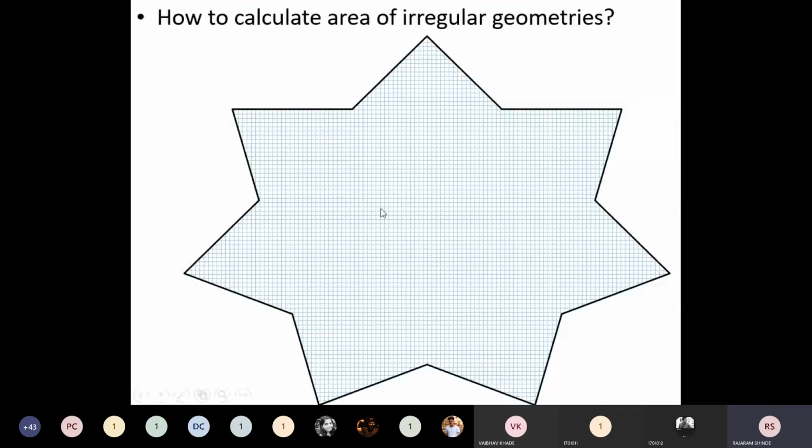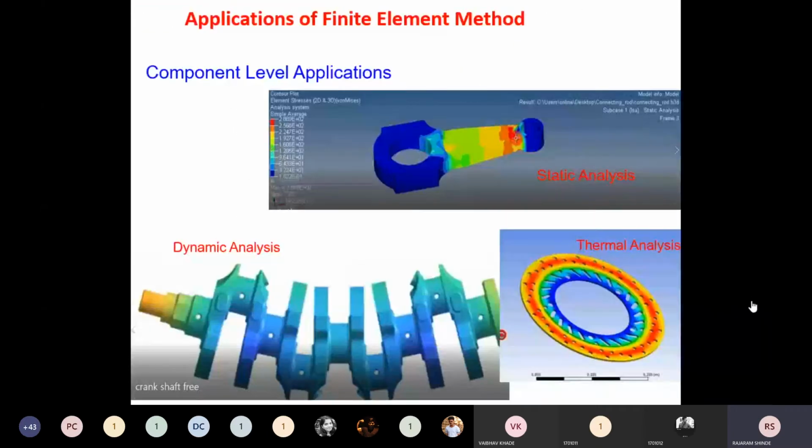Now next, these are some applications of the finite element method. Here I have written the applications related to the automobile discipline only. There are a lot of applications in other disciplines also.